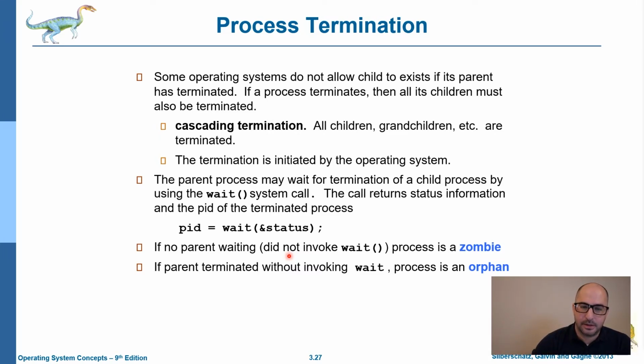But if a parent exits without waiting on a child, that child process is called an orphan. On Linux, this is an acceptable state for a process. A parent may exit before a child. That orphan will become parented by init, the root process.